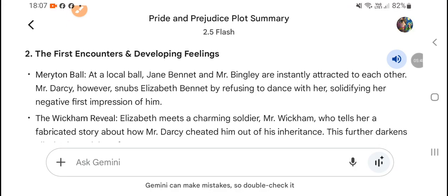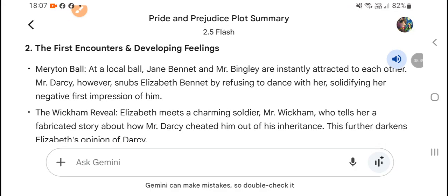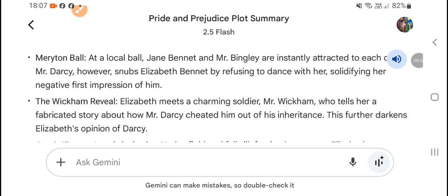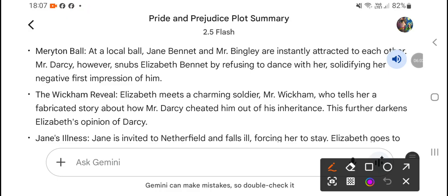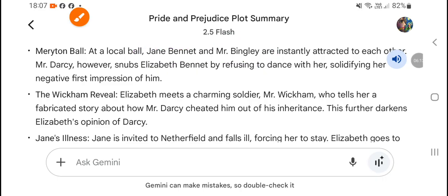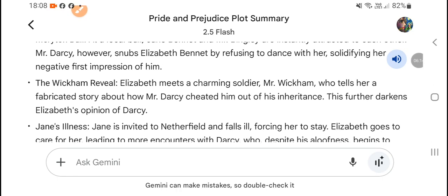Now the first encounters and developing feelings. The Meryton ball. At a local ball, a dancing club we can say, Jane Bennet and Mr. Bingley are instantly attracted to each other. So here they meet, and they become friends immediately as they see each other.